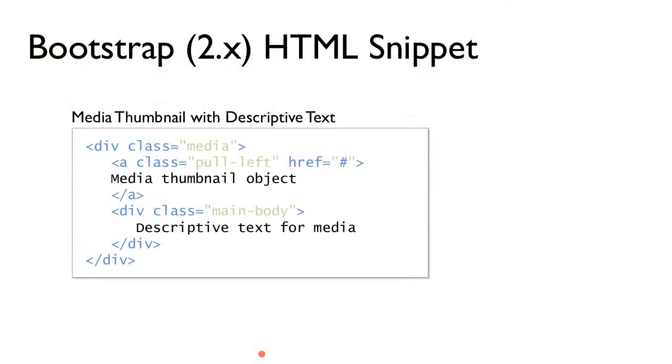Let me show you a better formatted version of this in Bootstrap 2.x. And by the way, Aardvark is a Bootstrap 2.x based theme. I'd love to try Bootstrap 3, but at this point I couldn't quite make that change, so I'm using Bootstrap 2 still.